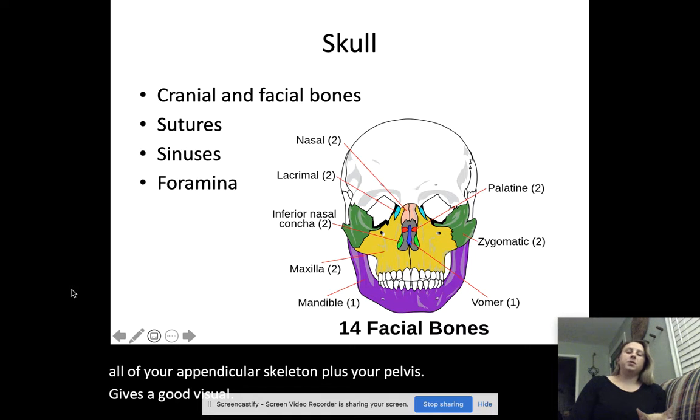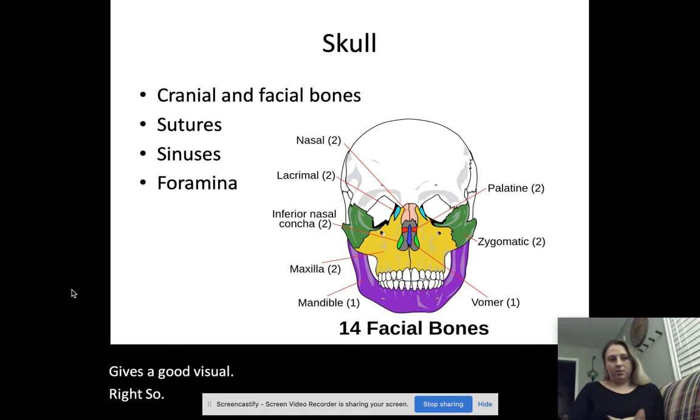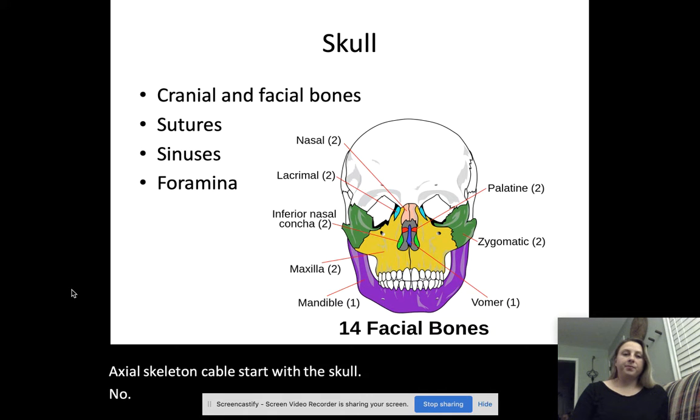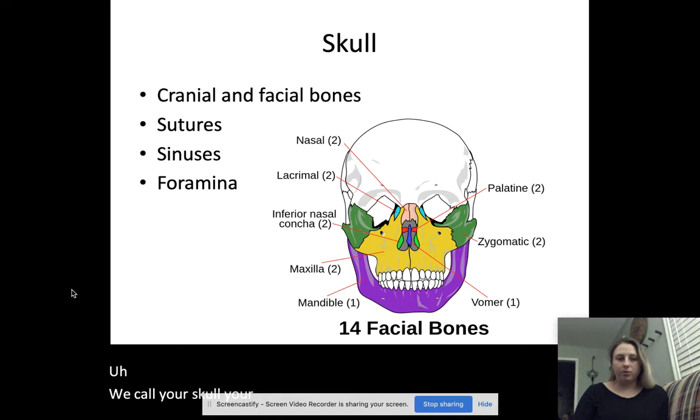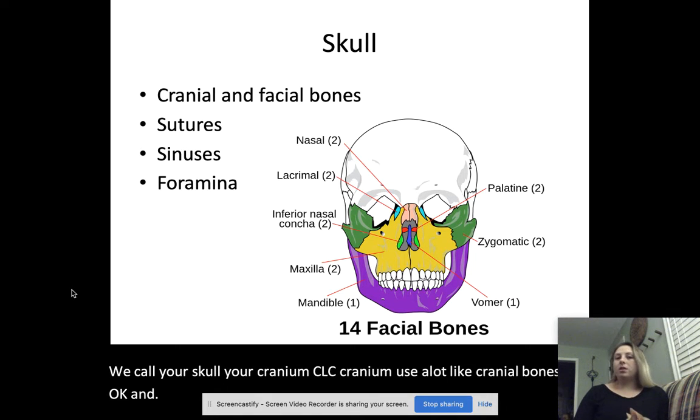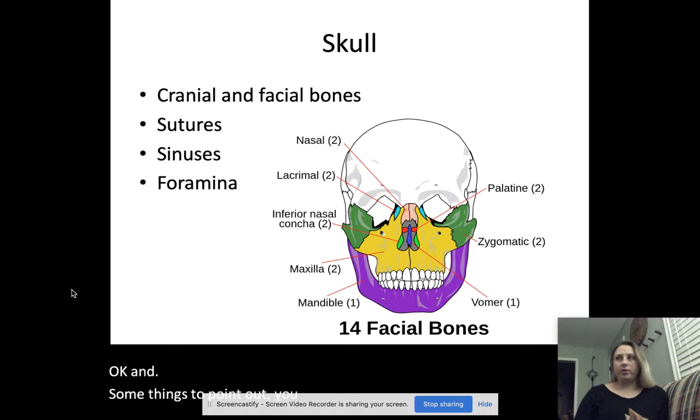All right. Starting with the axial skeleton, we'll start with the skull. We call your skull your cranium, so you'll see cranium used a lot, like cranial bones. Some things to point out: you have tons of bones in your skull. It's not just one solid bone, it's a bunch of them and they're fused together.